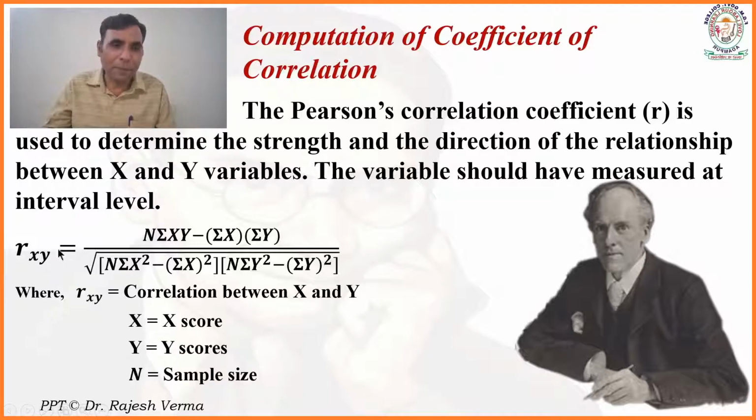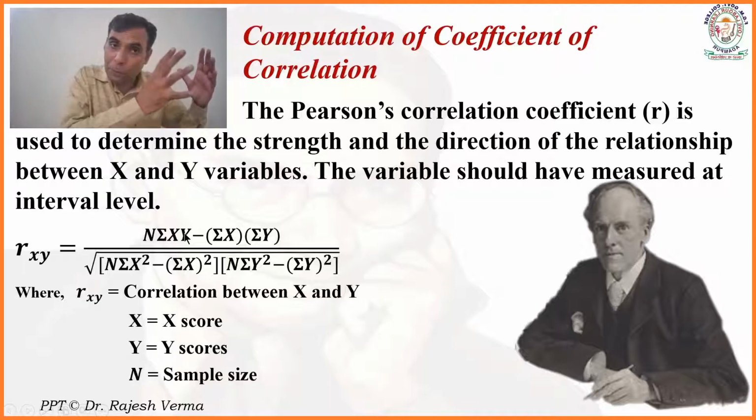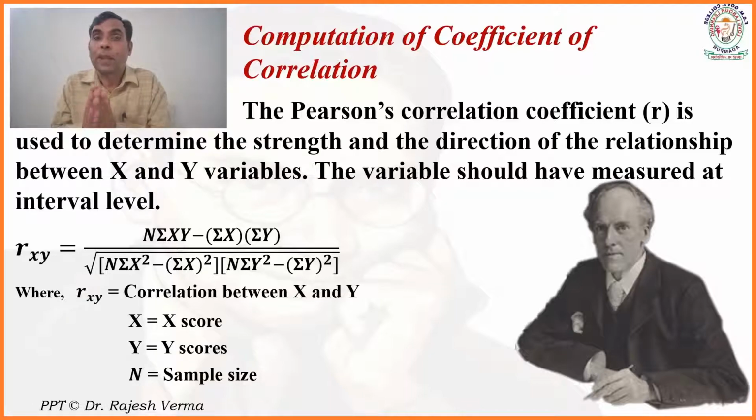Rxy means the coefficient of correlation between x and y, represented by R subscript xy, which is equal to n, where n is the sample size, times the capital Greek letter sigma, the summation, of x into y, the product of x and y, minus the summation of x multiplied by the summation of y.